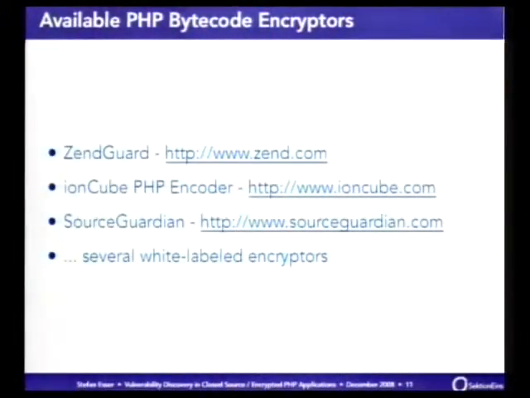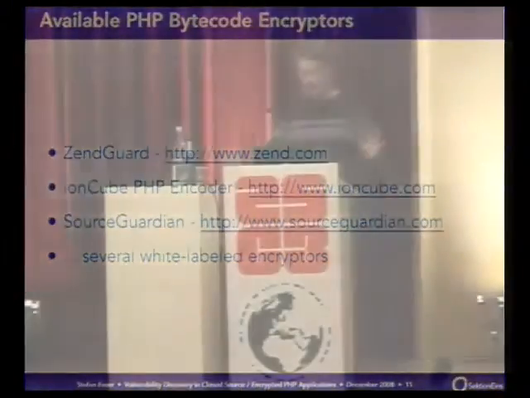So there are some available PHP bytecode encryptors. These are only the three best known. This is first Zend Guard from Zend. Then there's the ionCube PHP Encoder from ionCube, and SourceGuardian from SourceGuardian. And there are a lot of different cryptors, especially the people behind SourceGuardian have a lot of white-labeled cryptors that are all more or less the same, but they sell them to different users at different prices with different names.